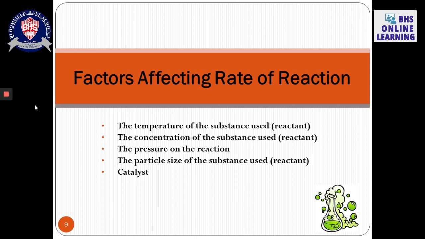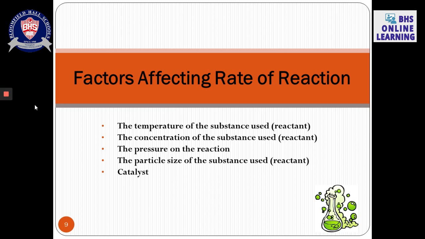Factors affecting rate of reaction. There are different factors which affect the rate of reaction. The rate of reaction can be increased or decreased depending on these factors.